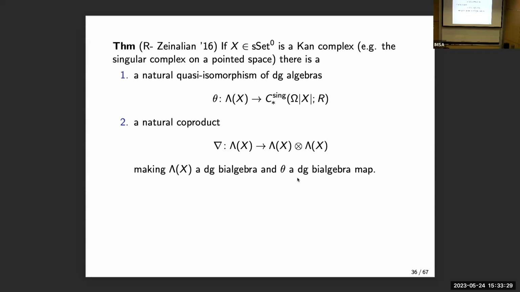So it's a model for the base loop space in which concatenation is an associative product, right?